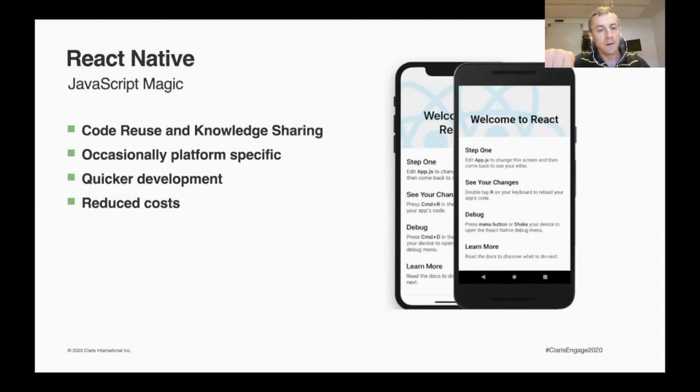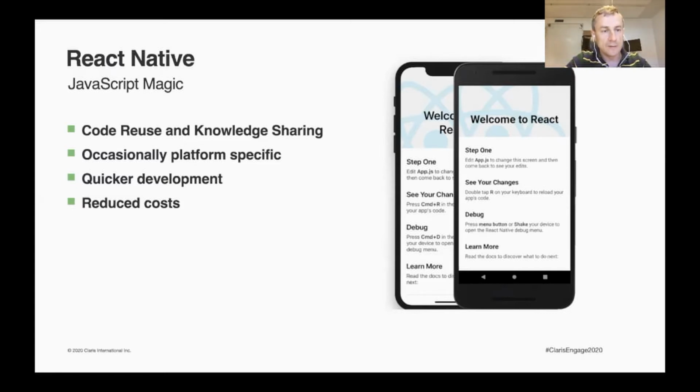That's rarely used, and it's used in maybe some kind of very advanced settings or very advanced apps, or where the difference between iOS and Android is too big to overlap by a React Native component.